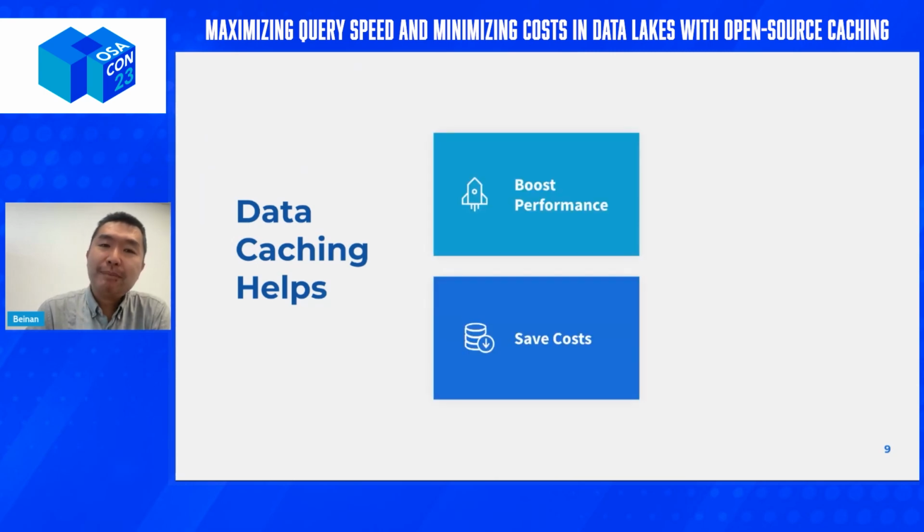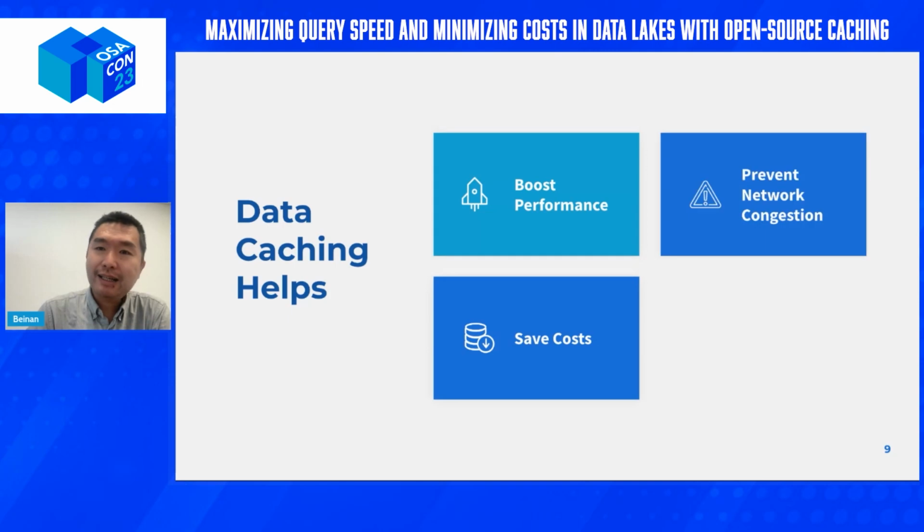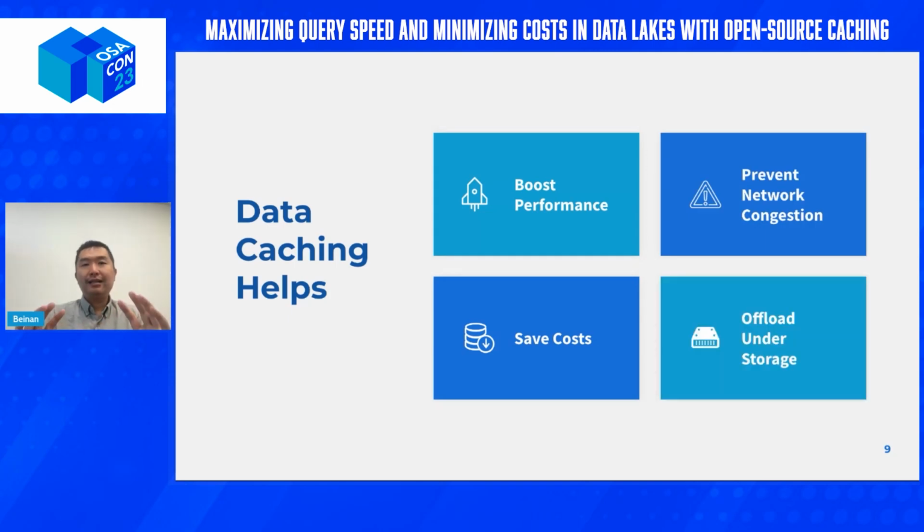Okay, as I mentioned, we will focus on the cache, and here are the top 4 benefits we observed from our customers. Firstly, as we design cache, mostly we start from performance, for sure, because the cache is a faster storage. Fetching the data from the cache would be much faster than any other storage like HDFS or S3.